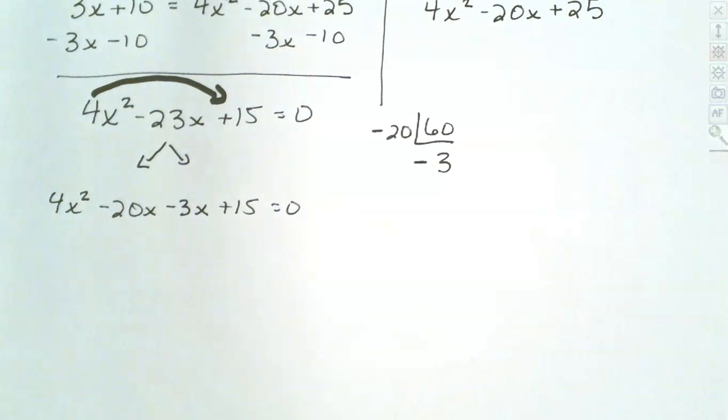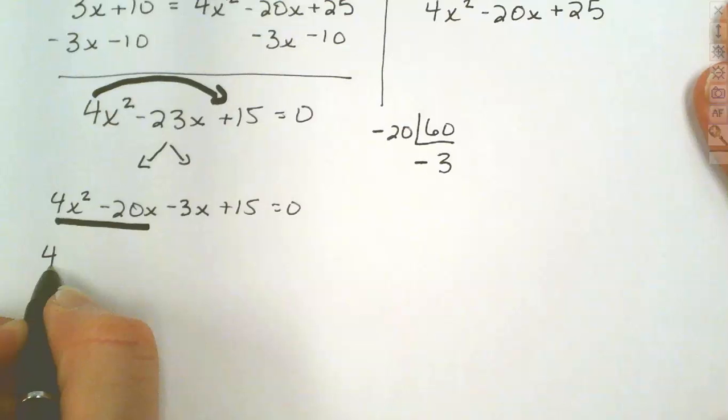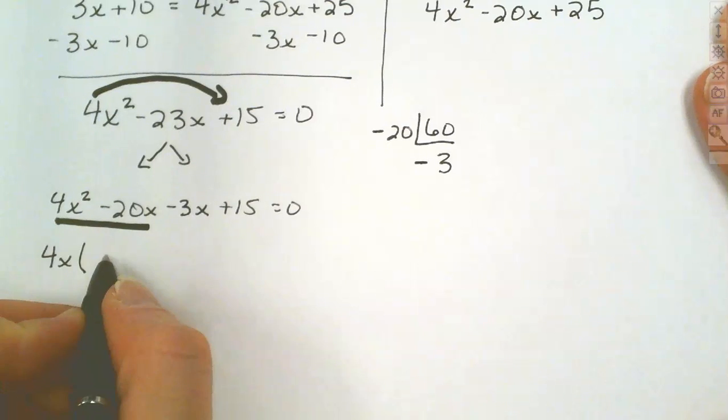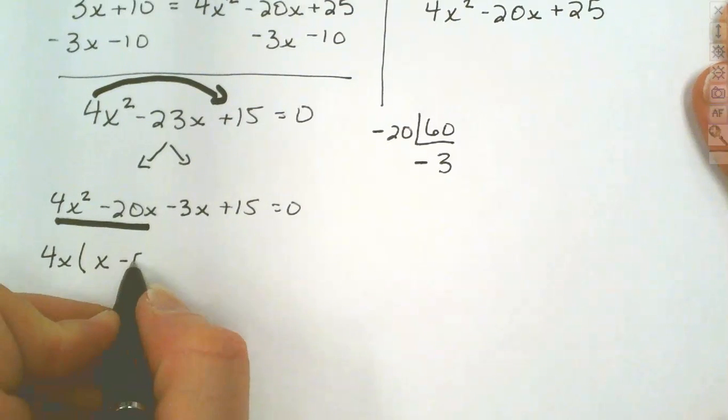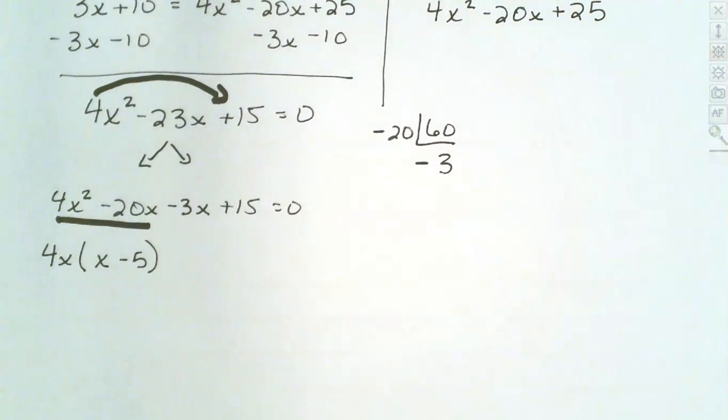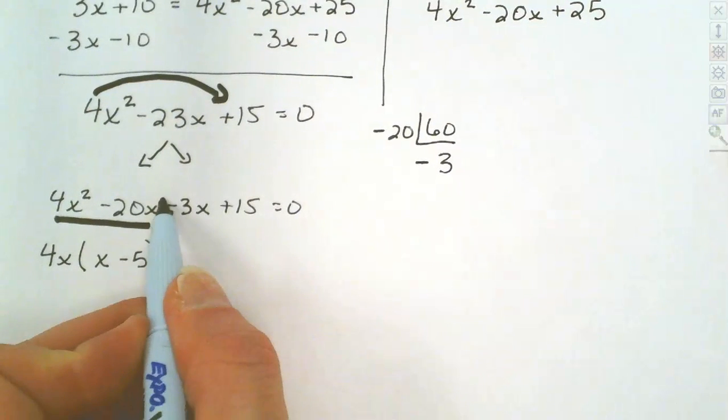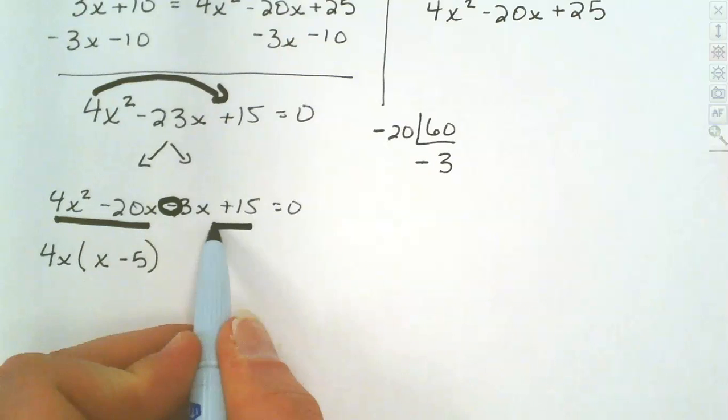Now we can factor by grouping. So we're going to group the first two pieces together, and we can factor out a 4x, and that's going to leave you then with an x minus 5. The next two pieces begin with a negative, so we're going to have to factor out a negative 3.